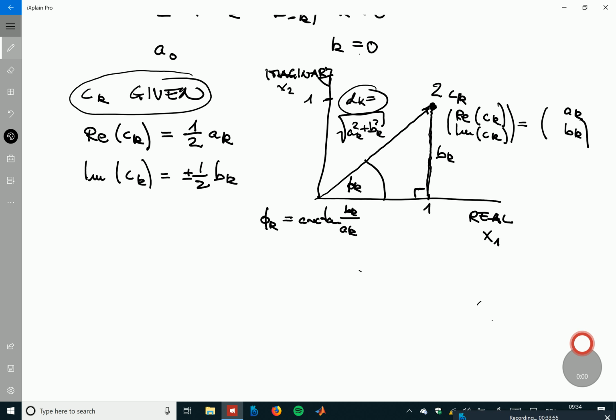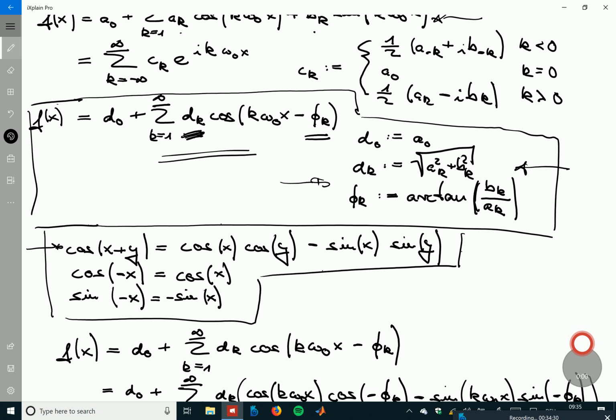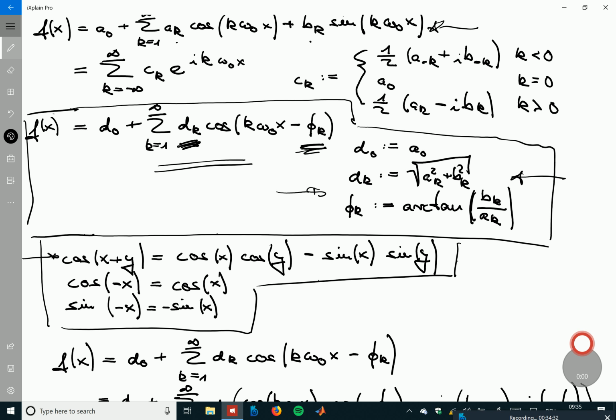You might remember that Gegenkathete divided by Ankathete is the tangent of this angle, and then you get to the angle by computing the arctan. So that means, again, if you are given this ck, you evaluate the real and the imaginary part, and then you evaluate the arctan of the ratio of bk and ak, then you get the phase information in the polar form. So you get to this phase term.